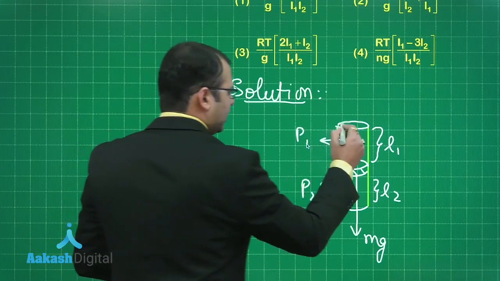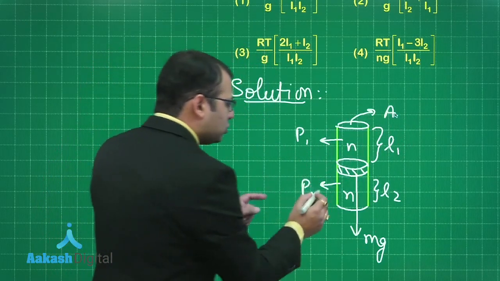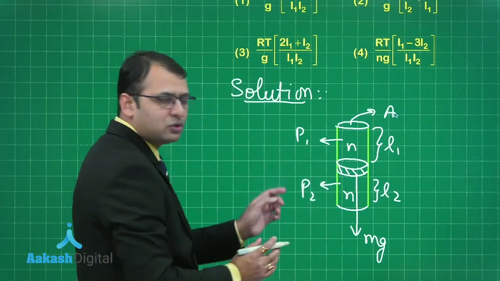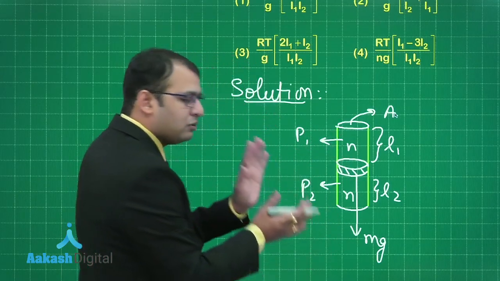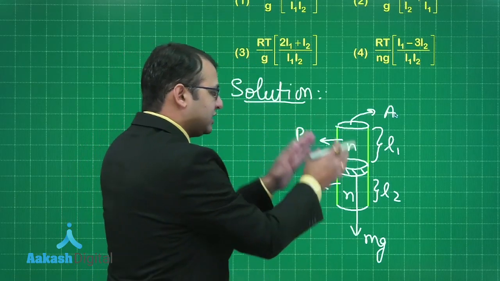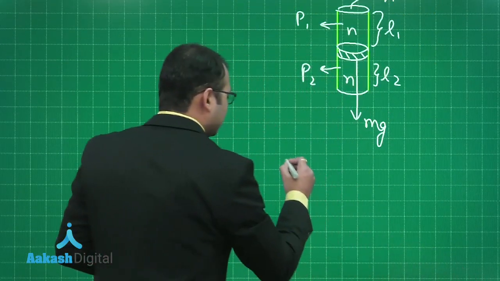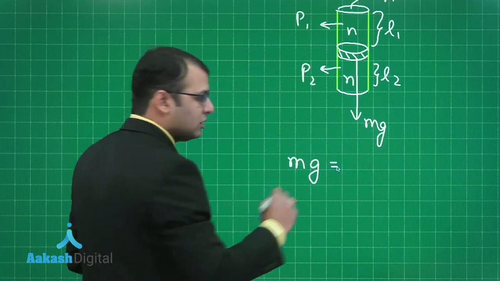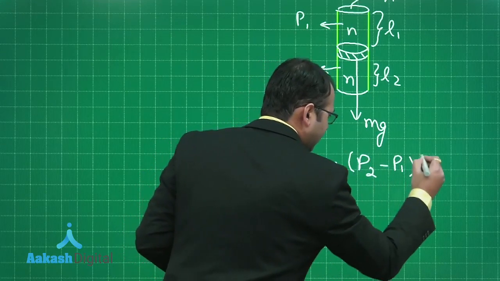The area is A. Now, the pressure P2 should be greater than P1 so that it can push the piston up, and P1 and mg together will push the piston down, as P1 will exert some force on the piston downwards. So I will say that mg would be equal to the force exerted by pressure. That would be P2 minus P1 into area.